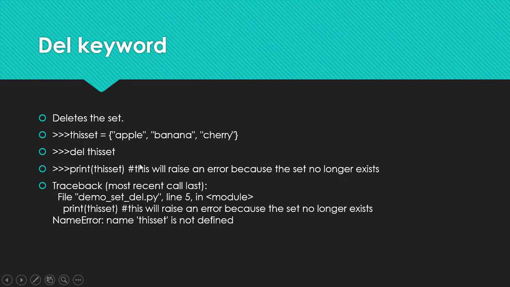So we get a traceback error when we try to print this set. Traceback, most recent call last, file demo set dot py, line 5, in module, print this set. This will raise an error because the set no longer exists. NameError: name this set is not defined, because the del keyword deleted the set, it no longer exists. So that's how we can use the del keyword to delete a set.